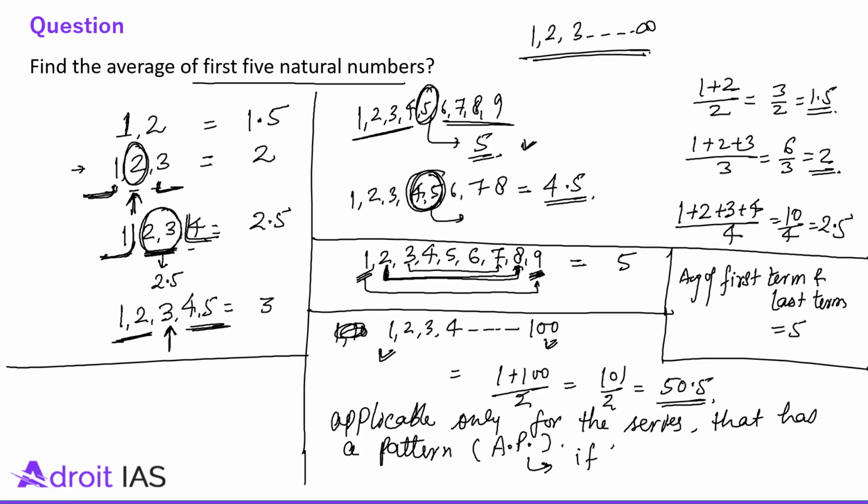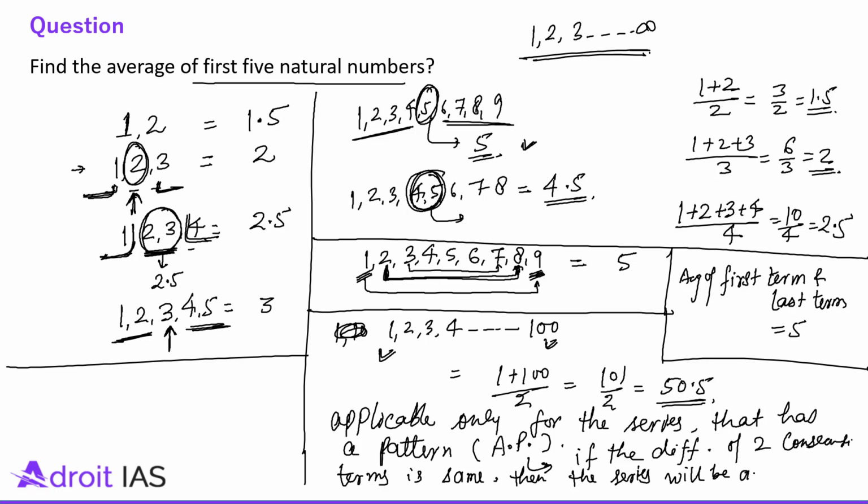If the difference of 2 consecutive terms is the same, then the series will be an AP.